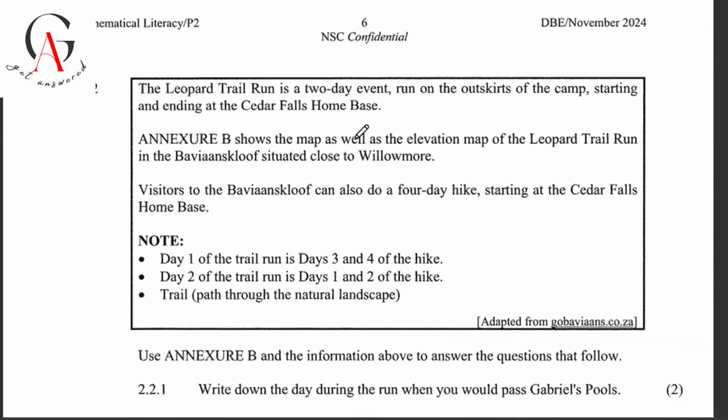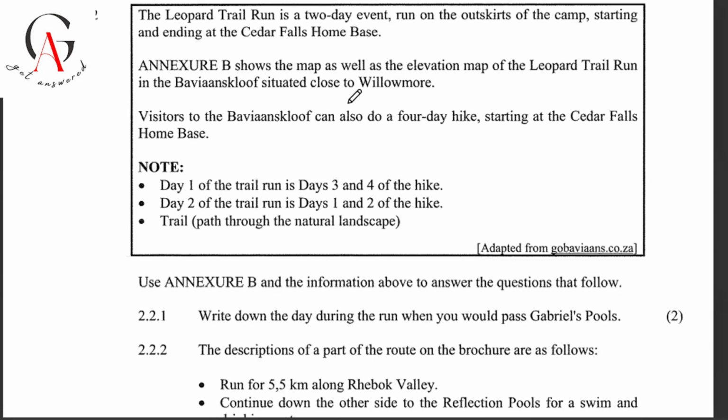2.2. Leopard Trail Run is a two-day event. Run on the outskirts of the camp, starting and ending at Caldera Falls home base. Annexure B shows the map as well as the elevation map of the Leopard Trail closest to Wilmore.